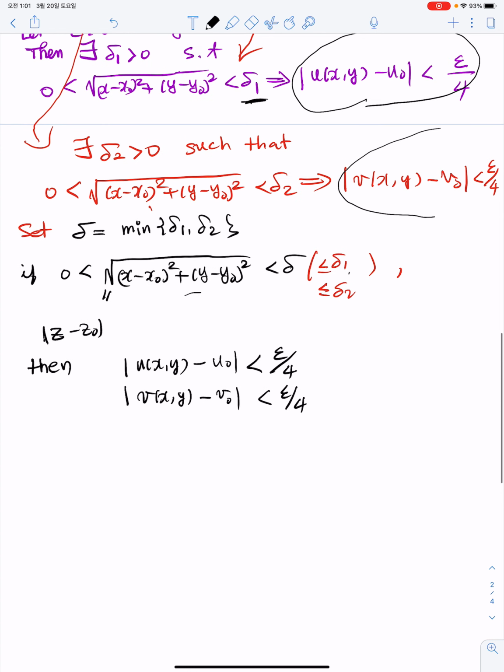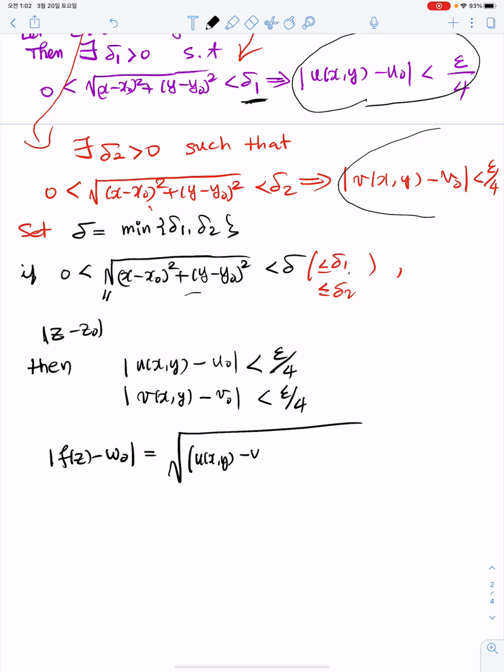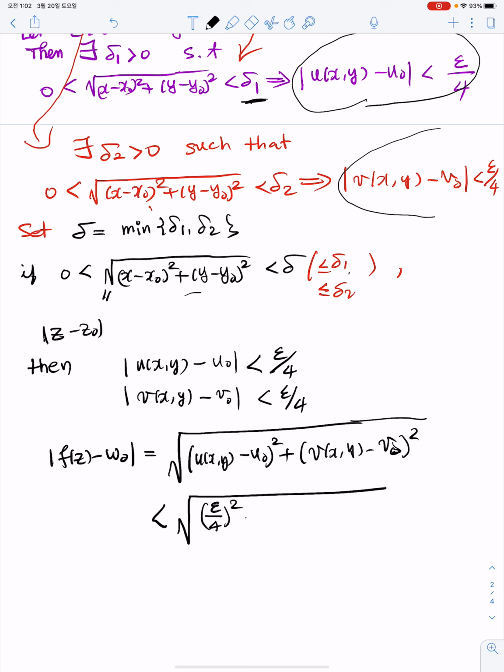So from here, let's compute |f(z) minus w0|. What is it? This is the square root of (u(x,y) minus u0) squared plus (v(x,y) minus v0) squared, which is less than the root of (epsilon over 4) squared plus (epsilon over 4) squared.